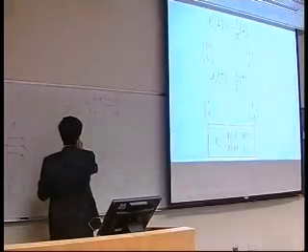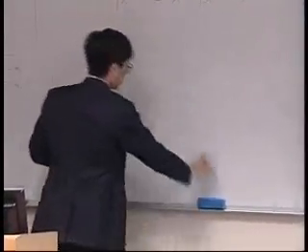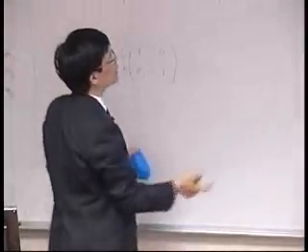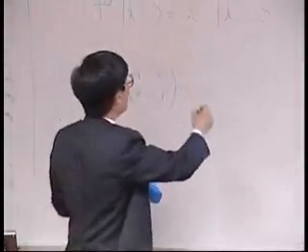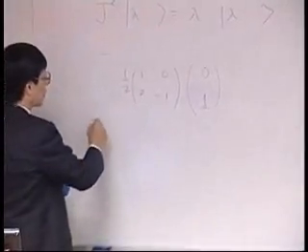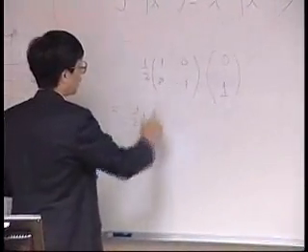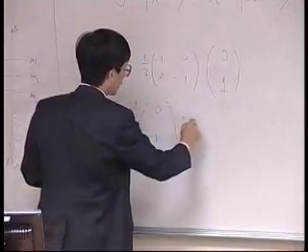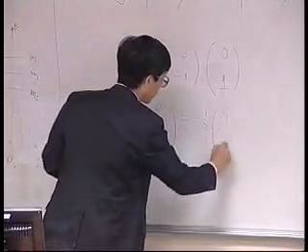So if I take 1/2, 1, 0, 0, minus 1, let's say take the upper line, operating on the down state, 0, 1, and you just multiply out. This multiplies to give 0, this multiplies to give minus 1, so this is minus 1/2 times itself.